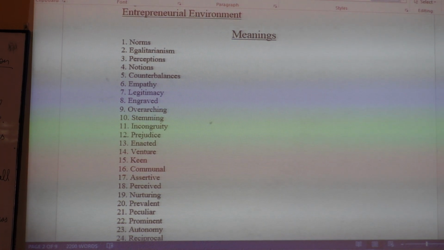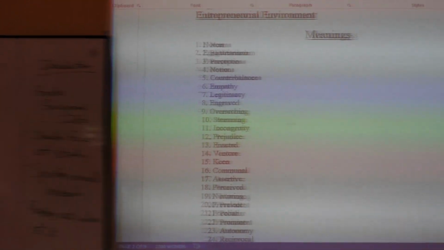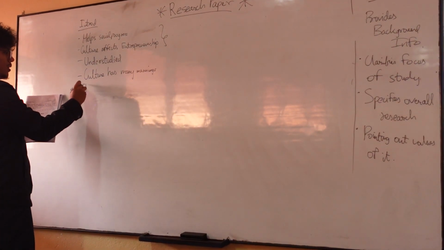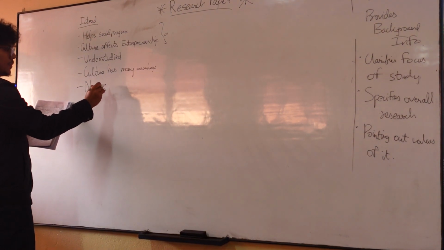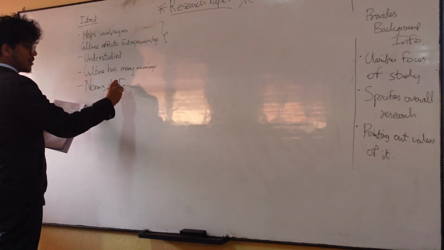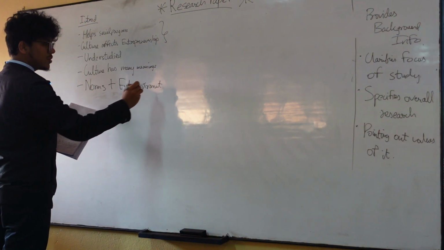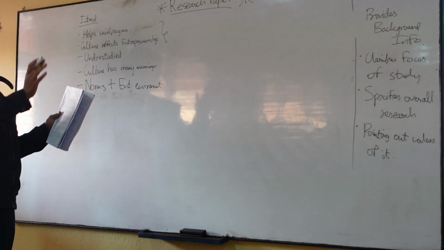This and the entrepreneurial environment within which businesses are found operate together to affect women's entrepreneurship. So the old norms plus the entrepreneurial environment, they both work together to affect women entrepreneurship.